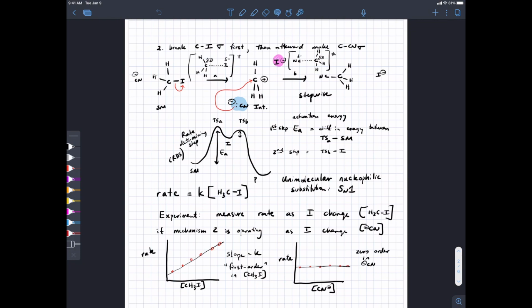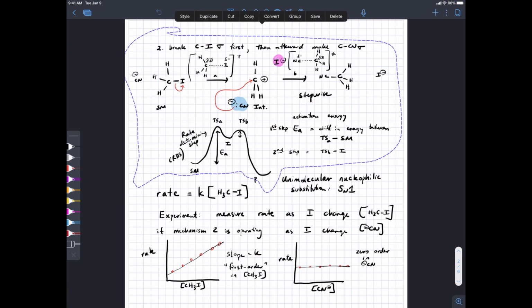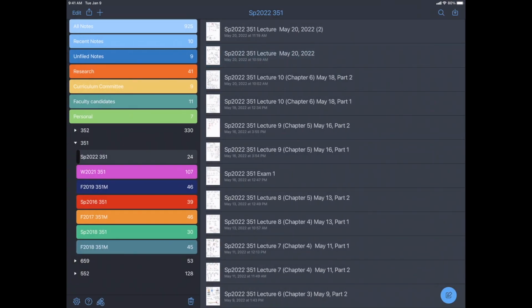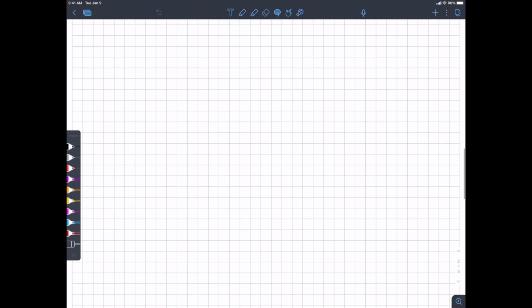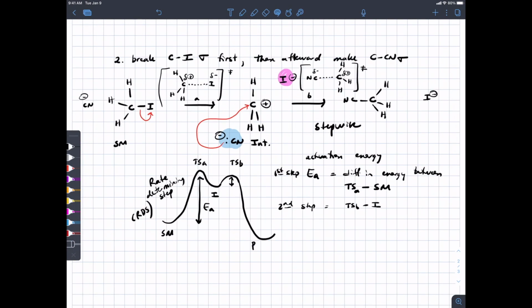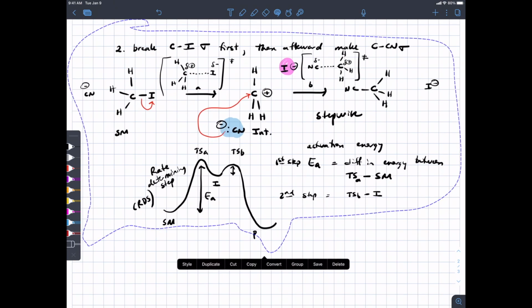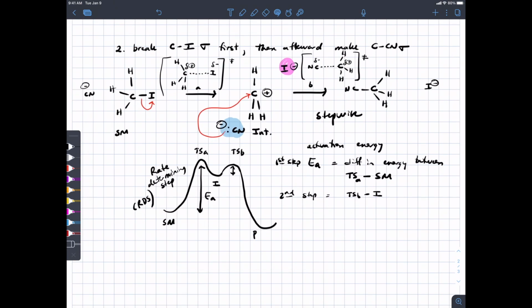I want to talk about this stepwise alternative now with its energy diagram. These are multiple steps, and so we can consider HOMO and LUMO in each one.